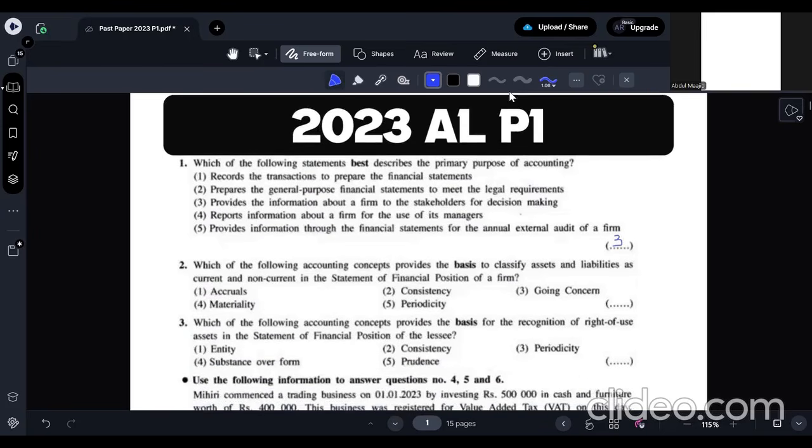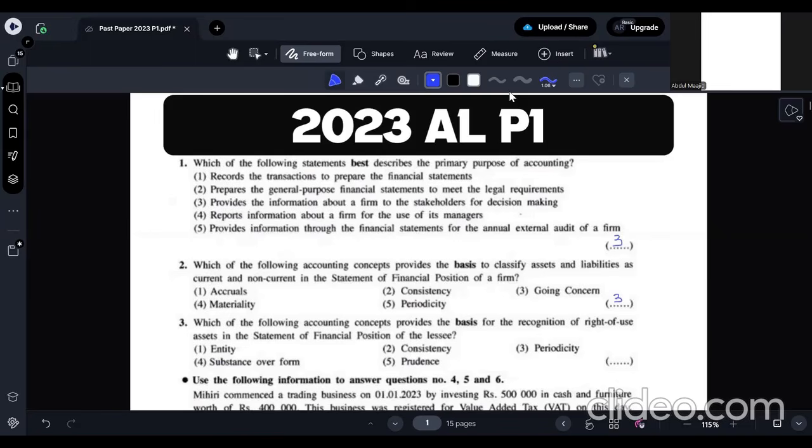Then the second one: which of the following accounting concepts provide the basis to classify assets and liabilities as current and non-current? We have studied this often. We divide assets and liabilities as current and non-current because of the going concern concept. I have already explained the reason behind that in the old past papers, I think 2016 or 17.